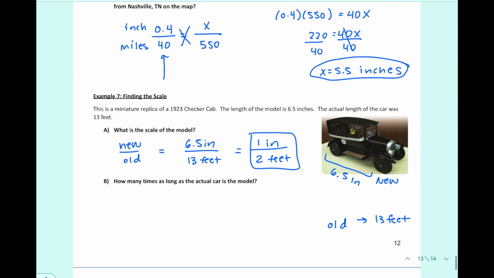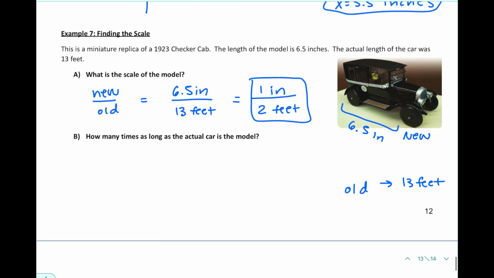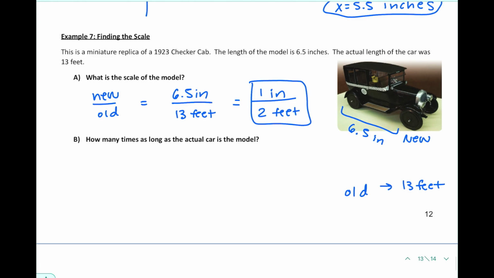So our option basically is to say, okay, well, do I want to convert the length of the big car to inches, or do I want to convert the length of the small car to feet? And what I think I would do is probably figure out the length of the large car. So the old car, the original car, we know is 13 feet. But what we can do is figure out what that is in inches. So 13 times 12 gives me 156 inches.